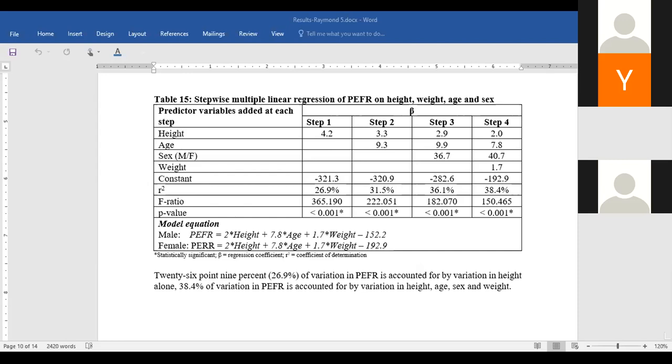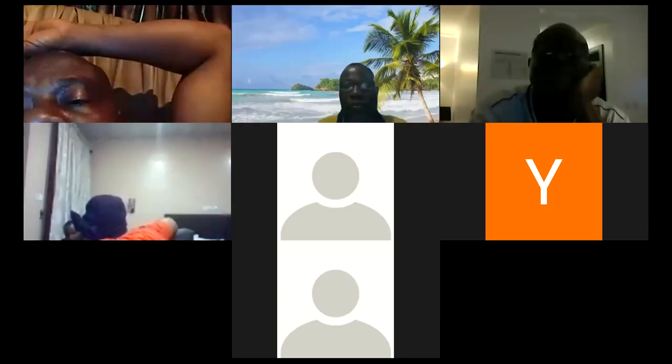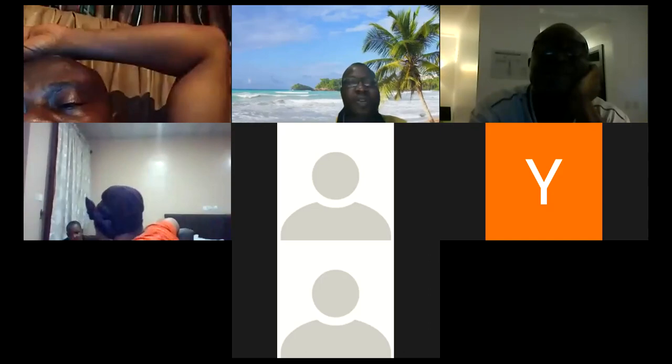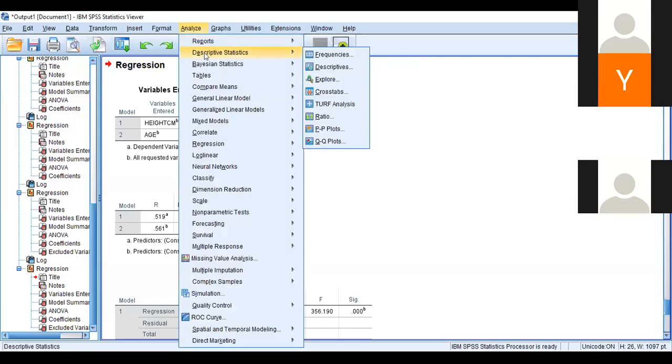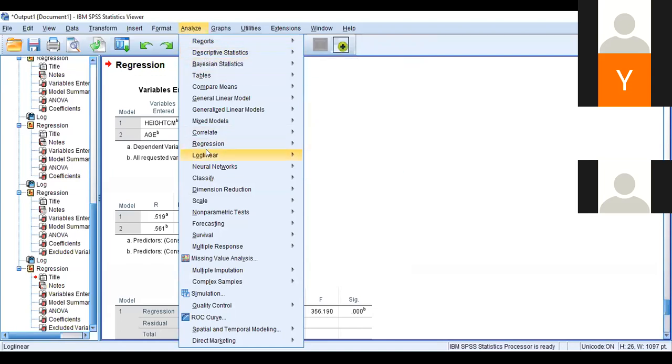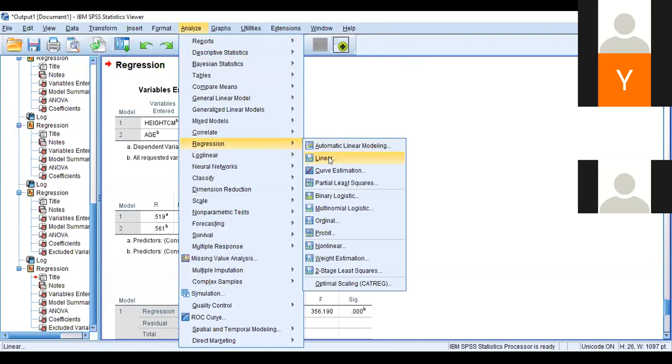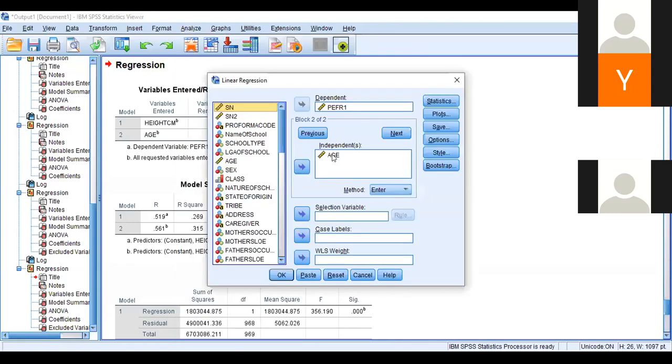Let's see the condition of sex now in the regression. So age is the second one.